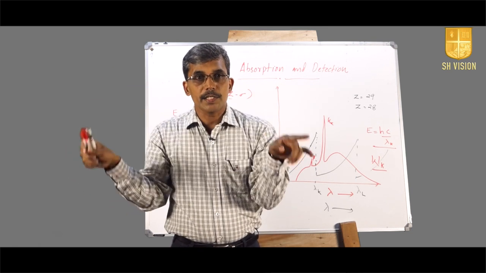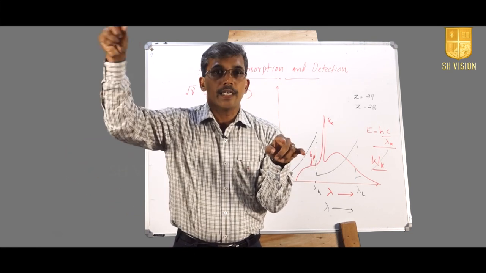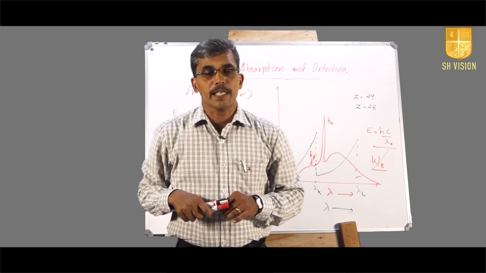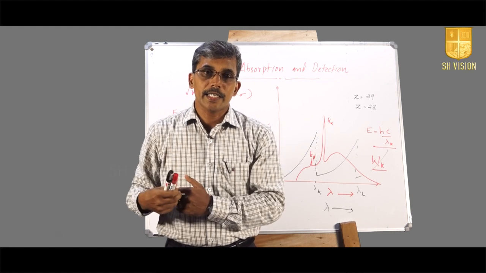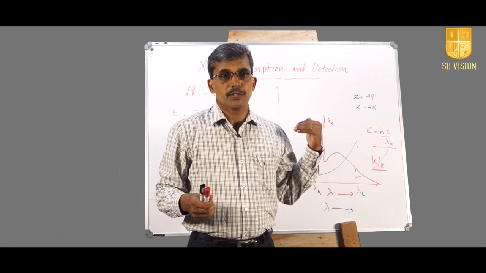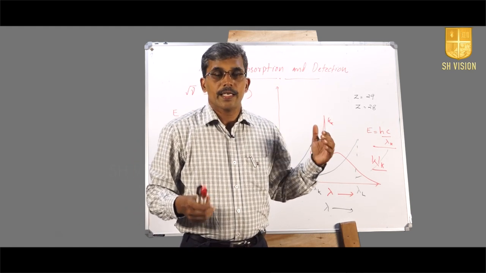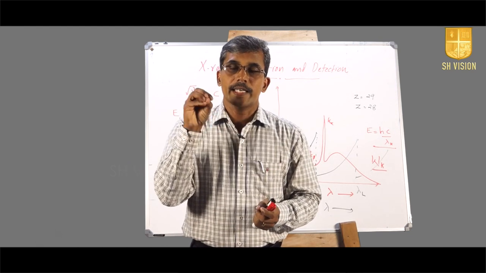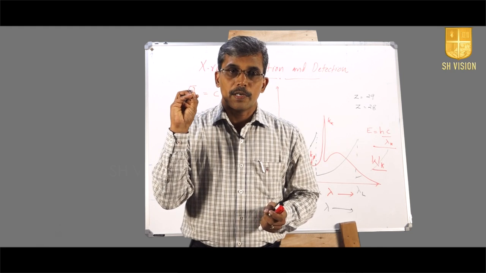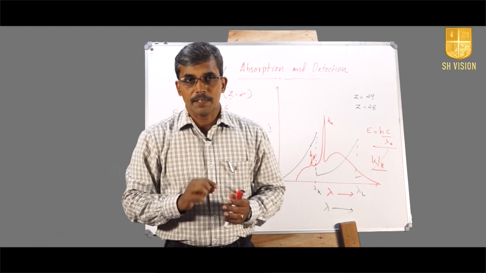If an electron from the M orbit is released, there should be an N orbit, then only an electron from the N orbit can fall into M orbit and you may be getting M alpha. So the probability is decreasing. Therefore, generally we come across only K alpha, K beta, and our interest is to suppress K beta so that the intense high energy K alpha can be pulled out, and that can be used for X-ray diffraction.